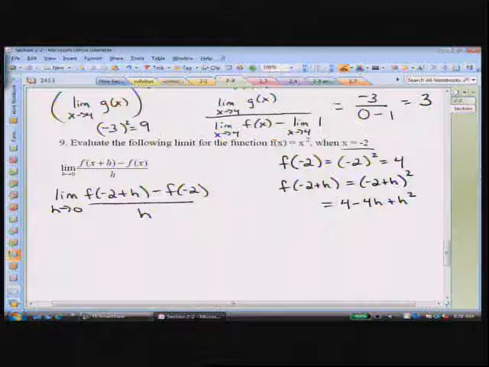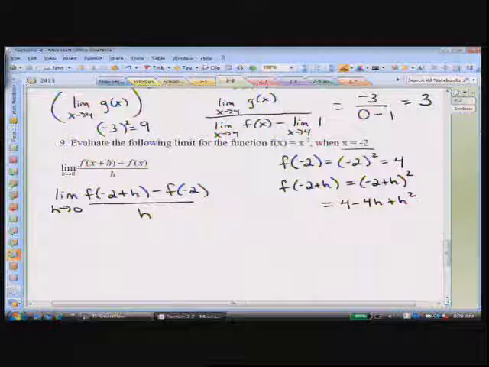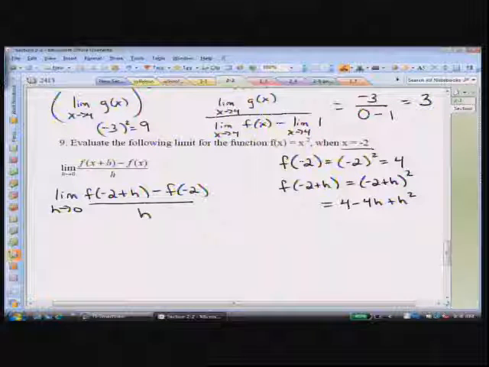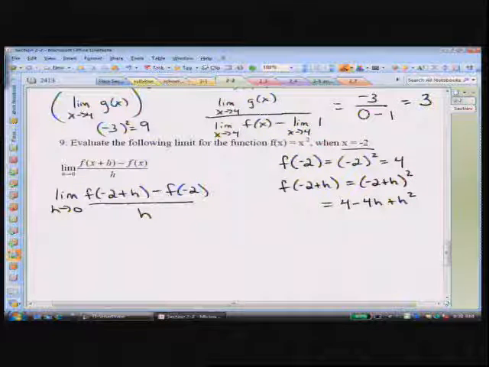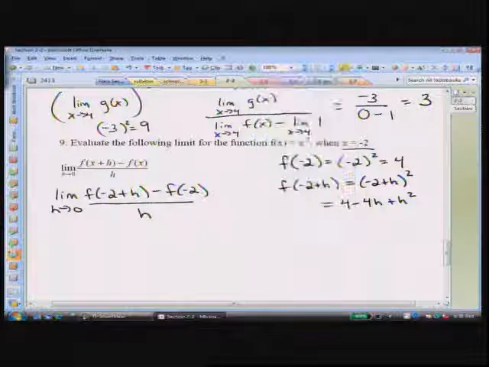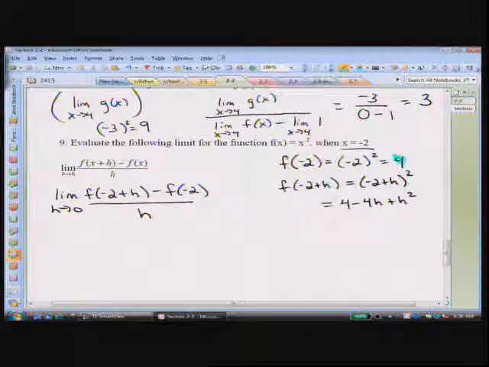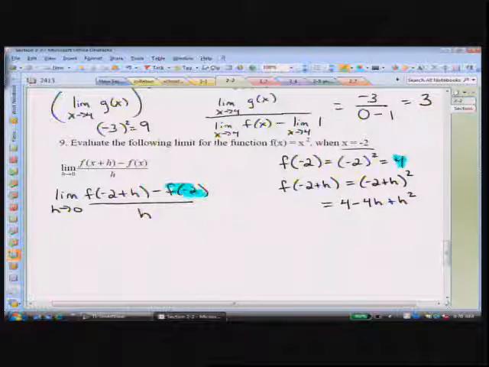I don't want the f there. F of x is equal to x squared, so f of negative 2 is negative 2 quantity squared, which is 4. So I will replace f of negative 2 with the number 4.